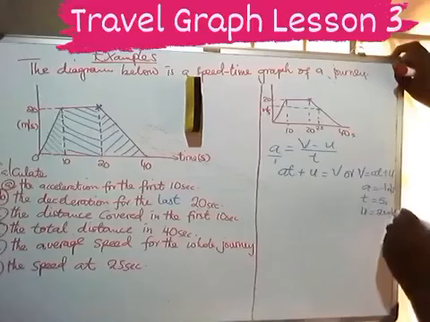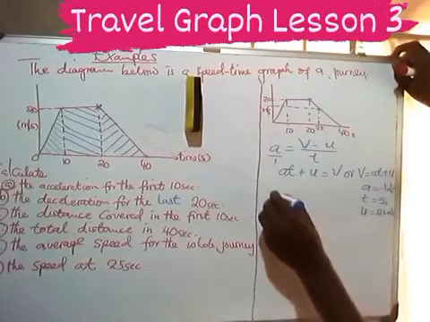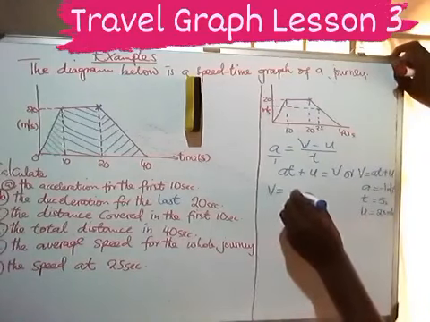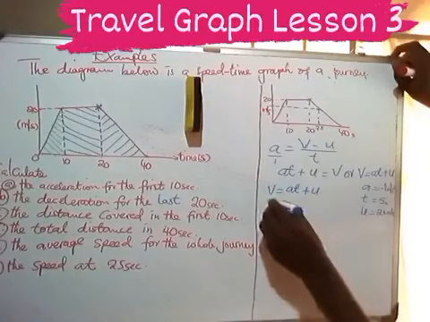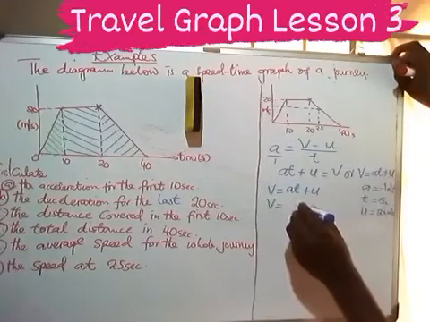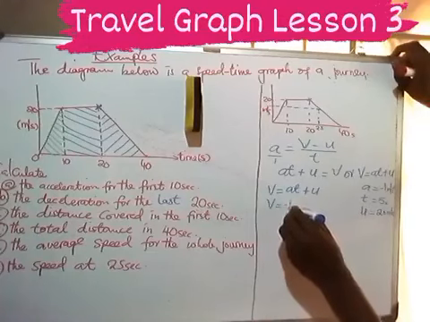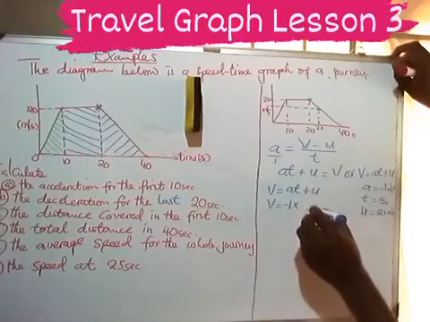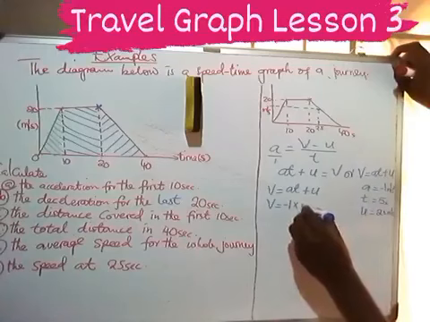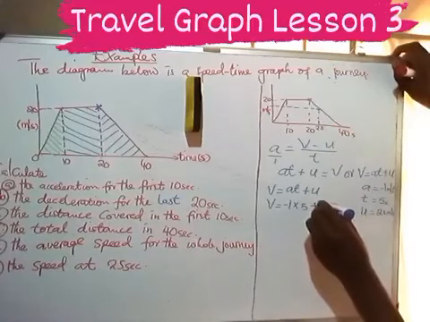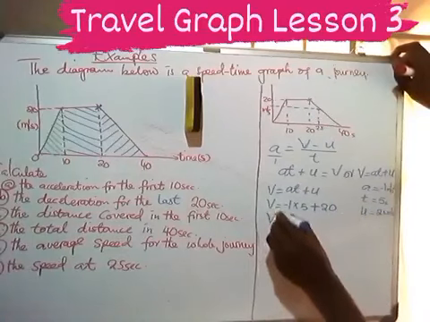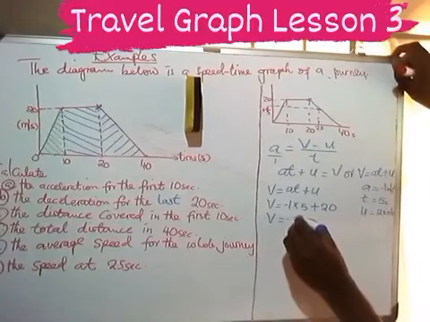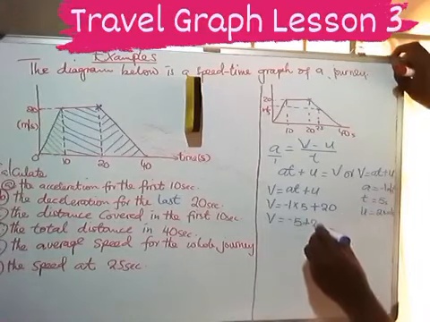So our v is equal to at plus u. Our a is -1, our t is 5, then plus our initial velocity, which is 20. So v is -5 plus 20.